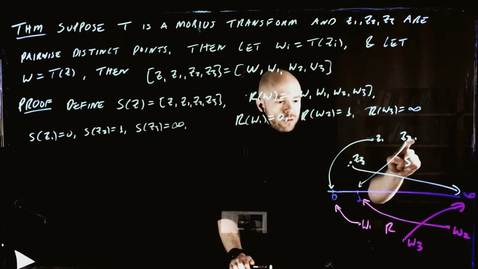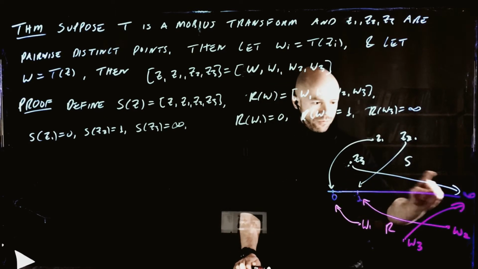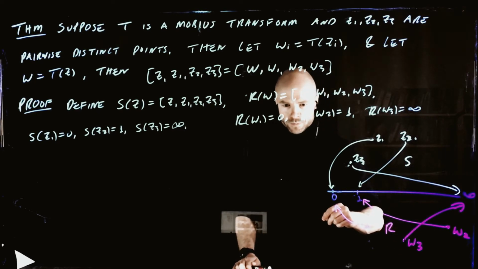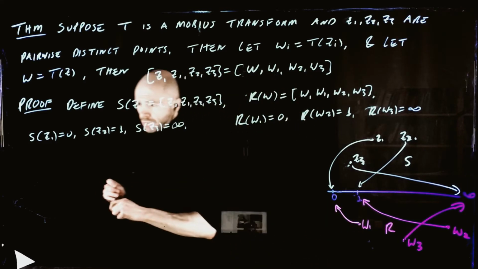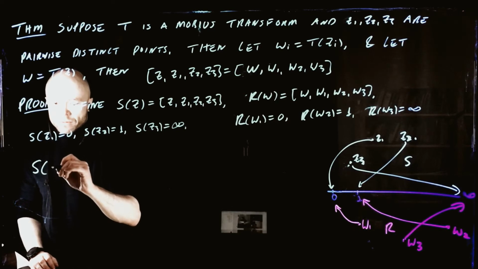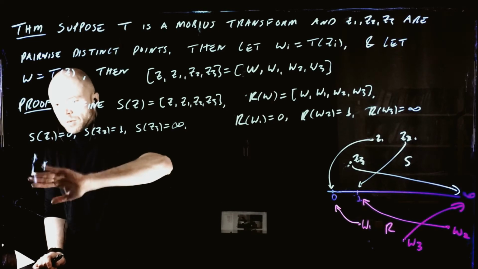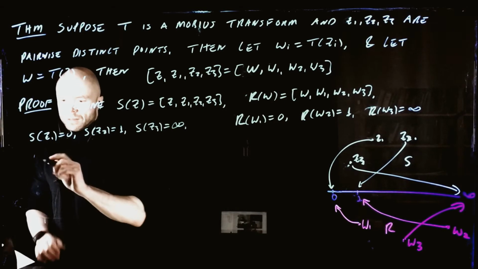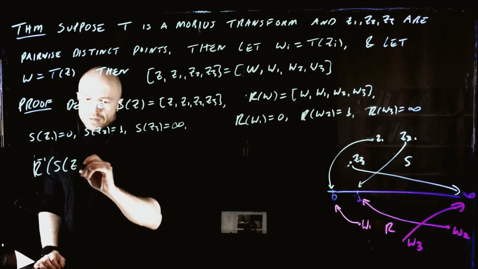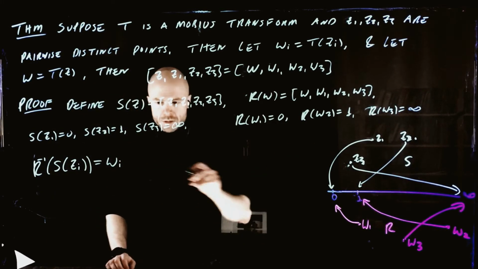We can take Z2, send it to 1 with S, and then send it to W2 with R inverse. And we can take Z3, send it to infinity with S, and send it to W3 with R inverse. Cool. So that means that if we create R inverse composed with S of Zi, then it's equal to Wi for i equals 1, 2, 3.